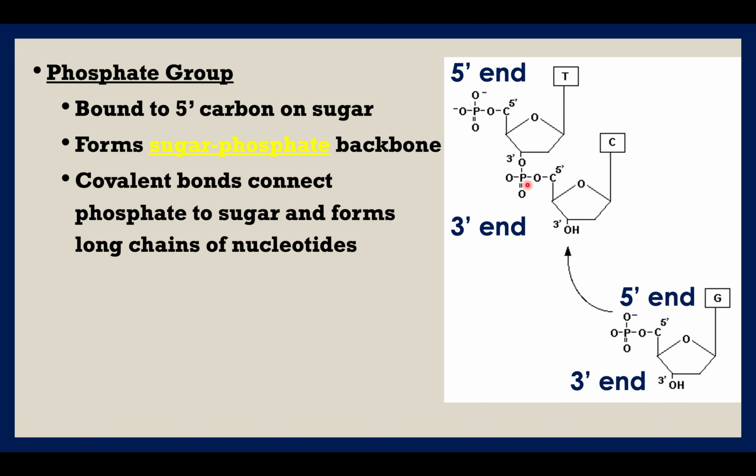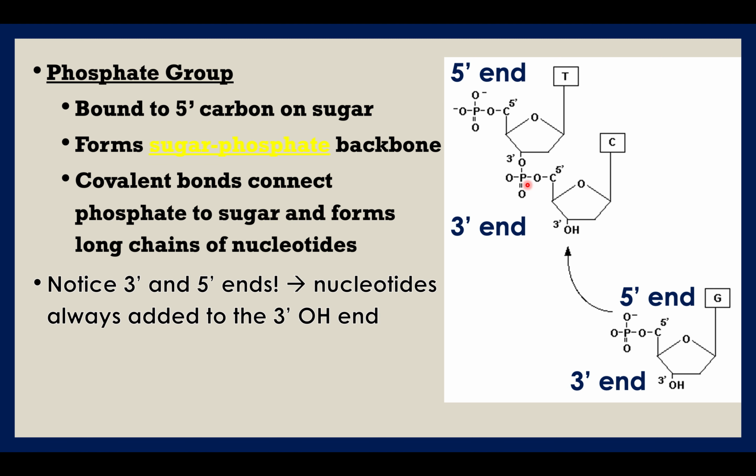Covalent bonds connect phosphate to sugar and form long chains of nucleotides. Very long, by the way. Long does not begin to describe it. There are millions of these units in a DNA molecule. Notice the 3' and 5' ends, and how nucleotides are always added to the 3' end.